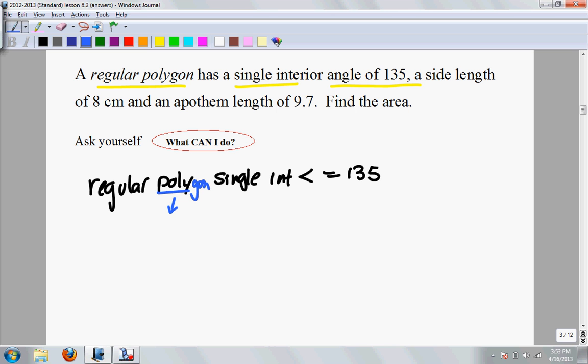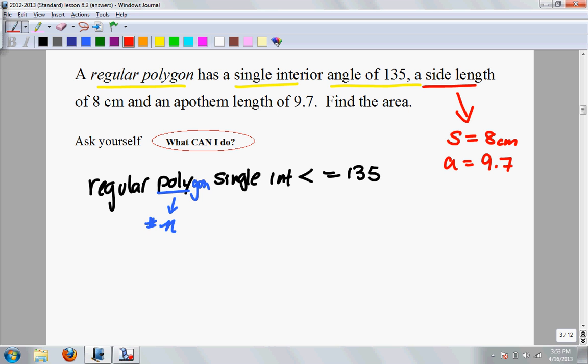So the first thing here is we don't know the n. That's an unknown. But we do know the side length is 8 centimeters, and the apothem is 9.7. So we don't know how many sides we have here.